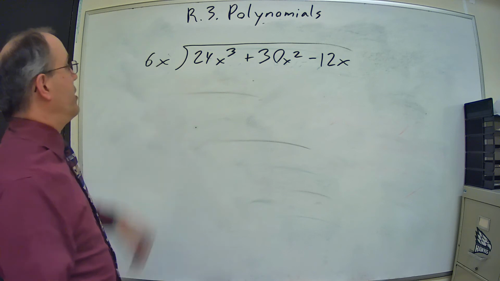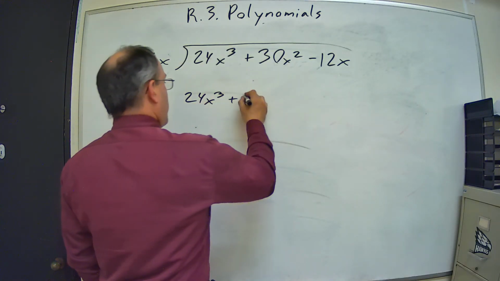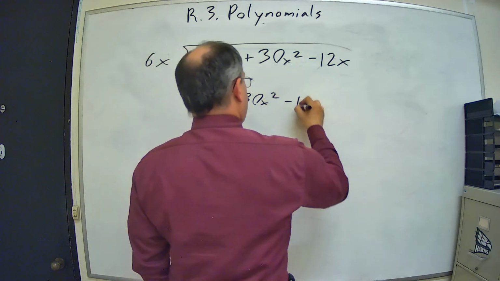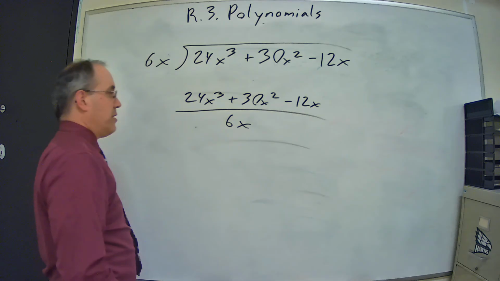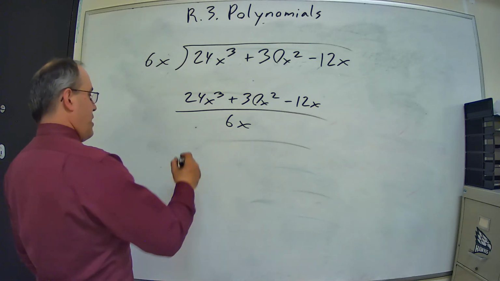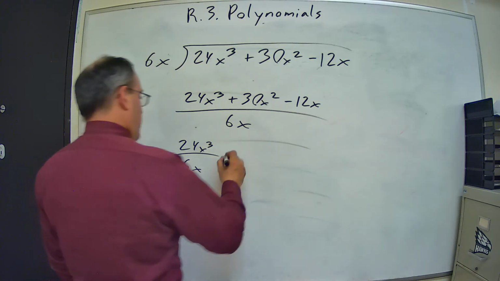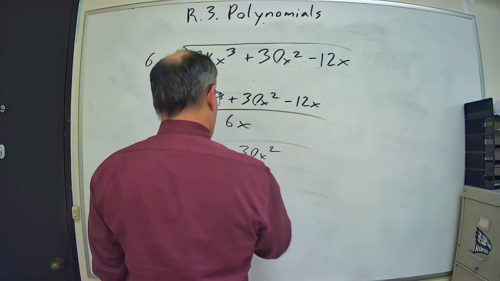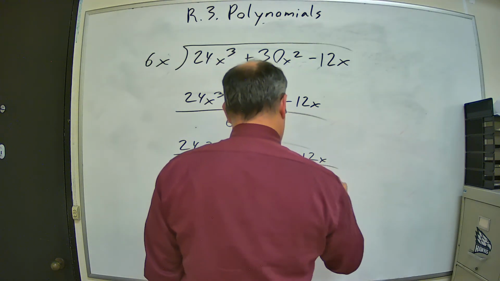So instead of doing this, I can really say 24x cubed plus 30x squared minus 12x divided by 6x, which I could say is 24x cubed over 6x plus 30x squared over 6x minus 12x over 6x.